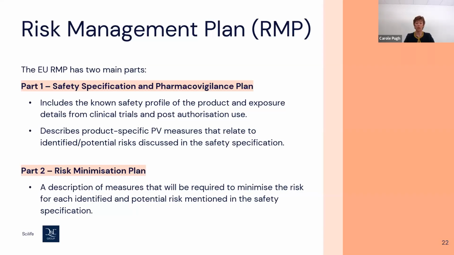So there could be a special program required to ensure doctors are appropriately trained before prescribing the medicine. This is a living document that will evolve over the product's life cycle as more information is known about the product. And going back to the role of the QPPV, they're required to sign this document.